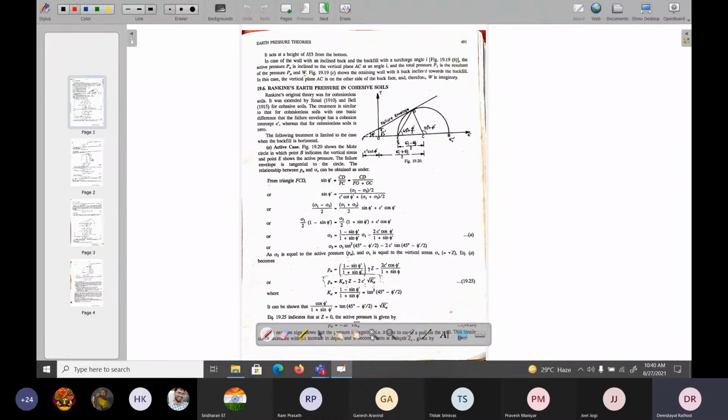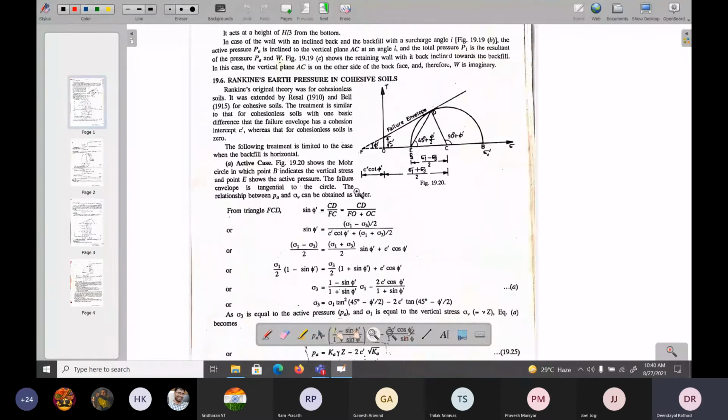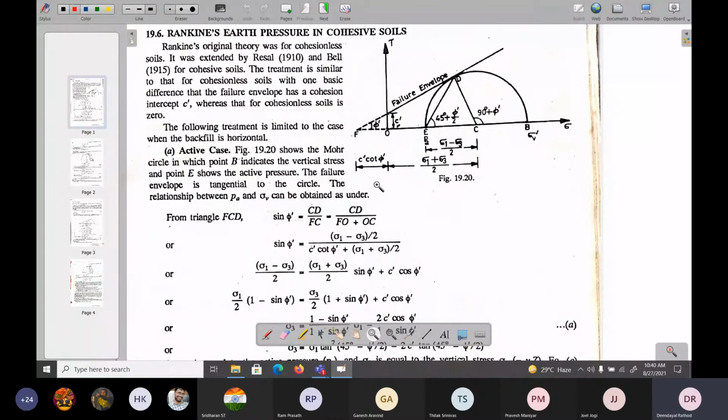Now we will focus on cohesive soil. That means suppose you have a cohesive term. In that case, what will happen? The Rankine original theory was for cohesionless soil only. Later it was extended by Rankine and Bell for cohesive soil.